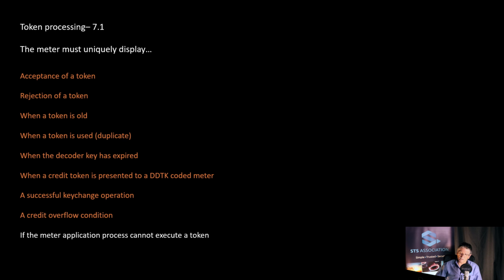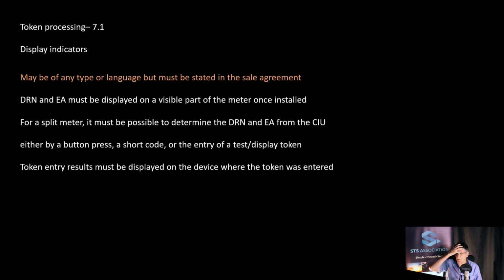Then whether you use icons or language to explain all of these, they must all be present in one form or another. If the meter application cannot execute a token, you also need to display a message of some type. Display indicators may be of any type or language, but must be stated in the sale agreement with your customer.